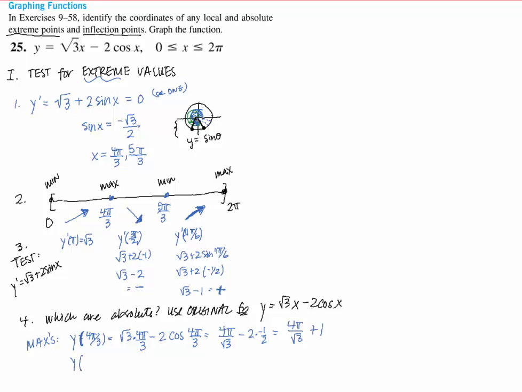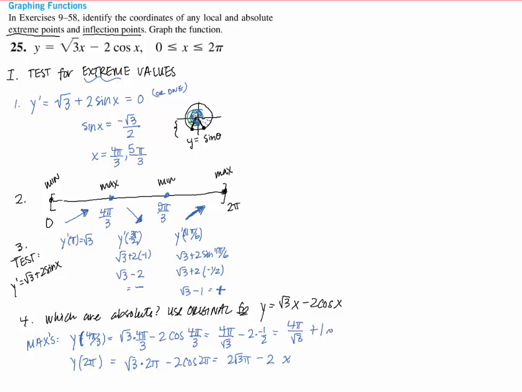The original function at the next maximum value, which is 2 pi, is the square root of 3 times 2 pi minus 2 cosine of 2 pi. So we have 2 square root of 3 pi, and the cosine of 2 pi is 1, so minus 2. I'm not too sure.